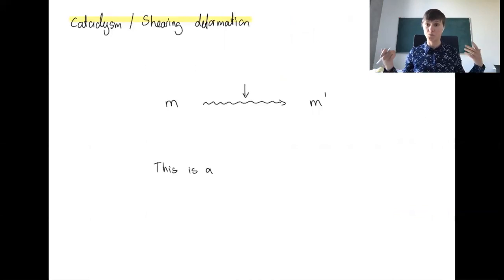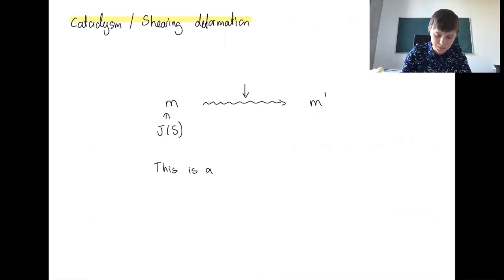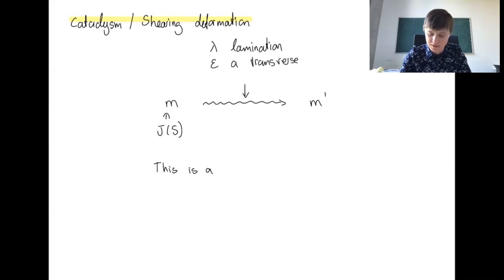Okay, so what is a cataclysm or shearing deformation? Well, you start with a point in Teichmüller space, which is a hyperbolic structure on S, and you take as an input λ, a lamination, and ε, a transverse measure. I get an earthquake. So I do the cut, twist, reclue thing, and I obtain another point in Teichmüller space.